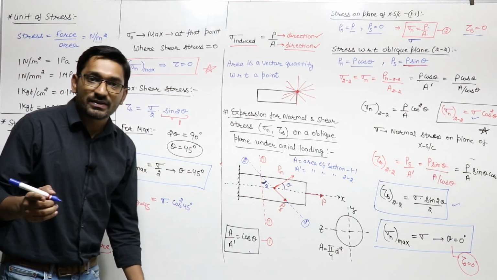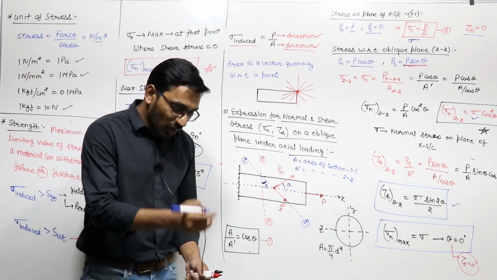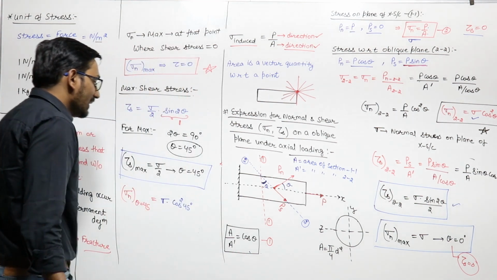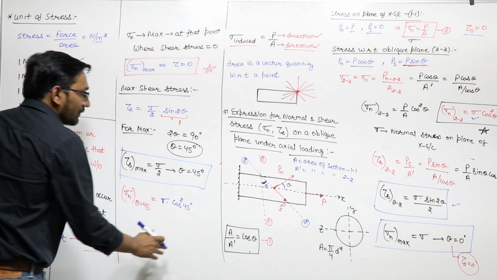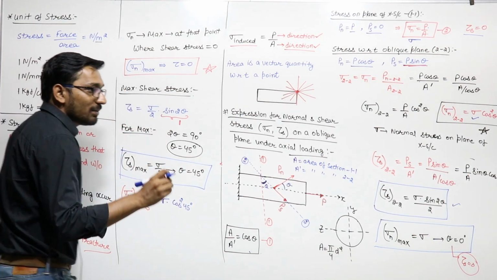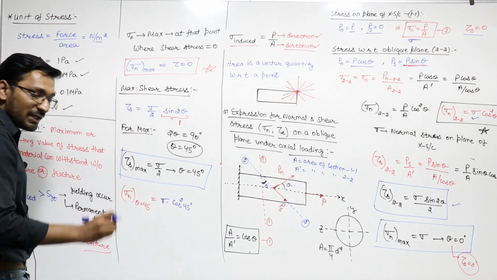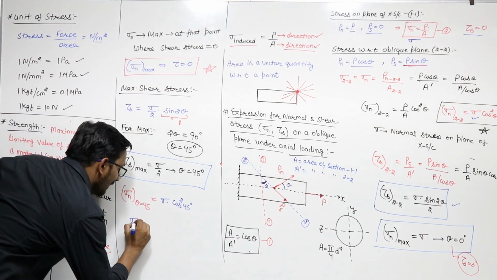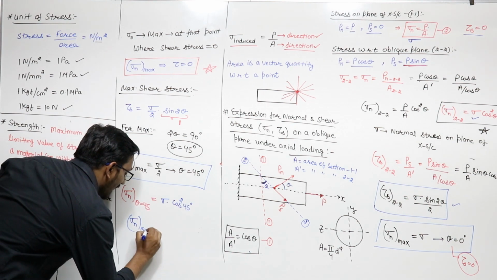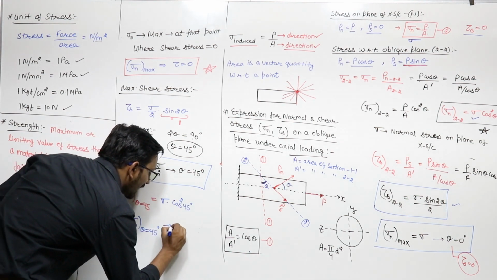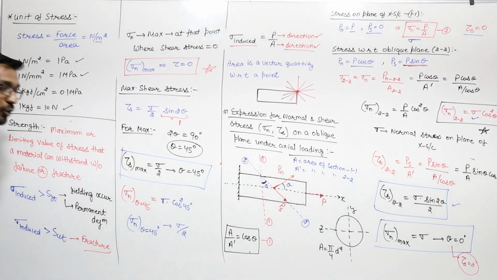What is the value of cos 45? It is 1 by under root 2, right? So cos square 45 is 1 by 2. So sigma n at theta equal to 45 degree will be sigma by 2.